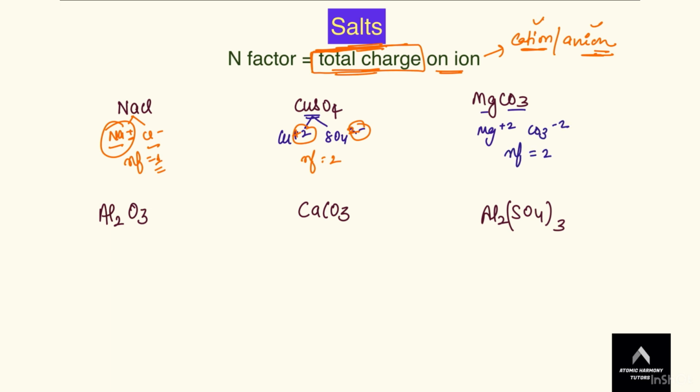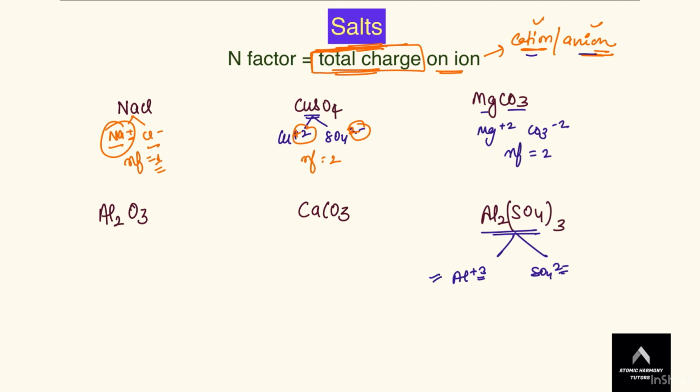But in case of aluminium sulfate, here is the conflict: aluminium positive 3 and SO4 2 negative. Now what will be the n factor here? Here the charge is 3 and here it is 2. We have to focus on either the cation or the anion. Let's focus on cation.